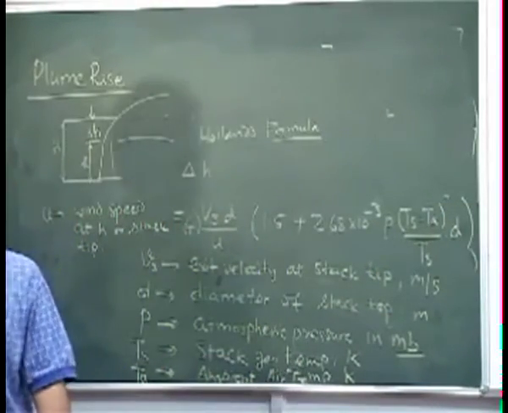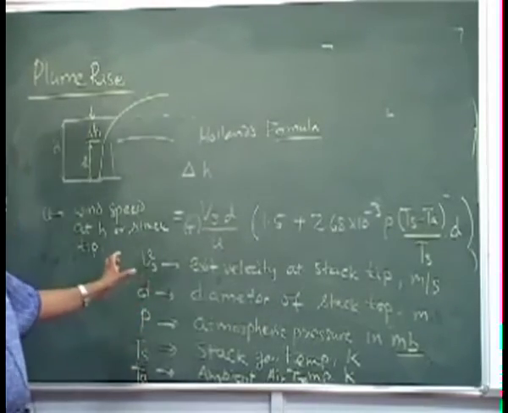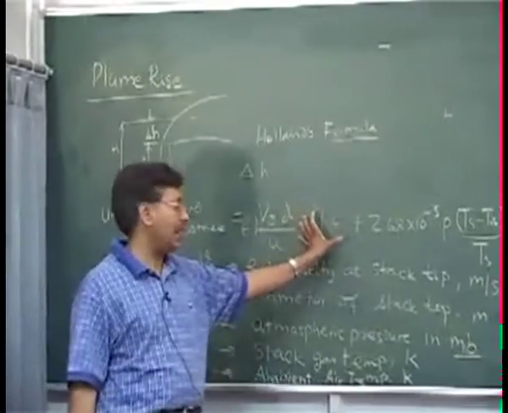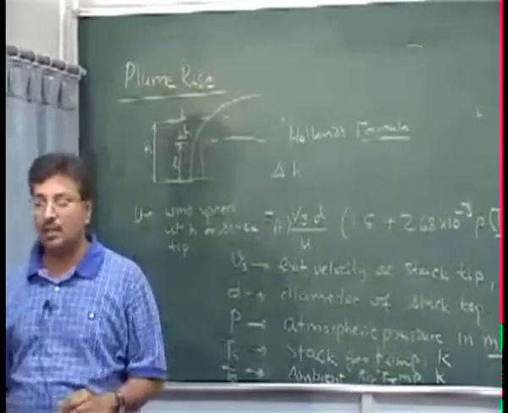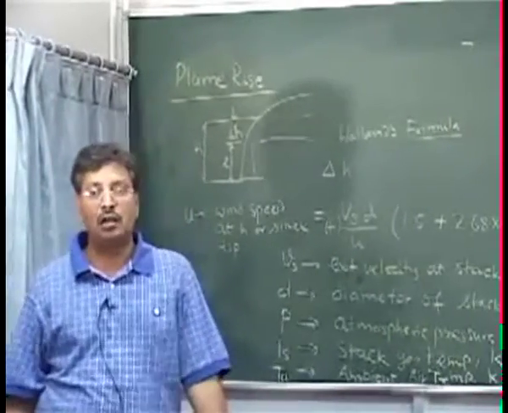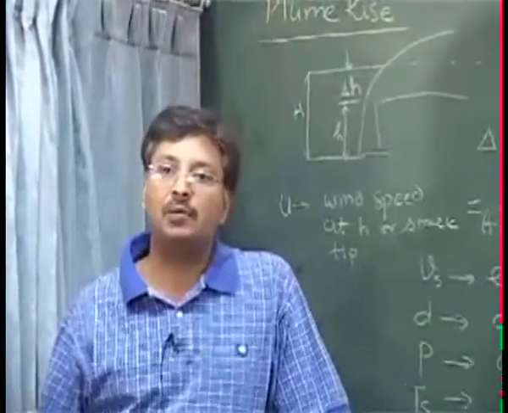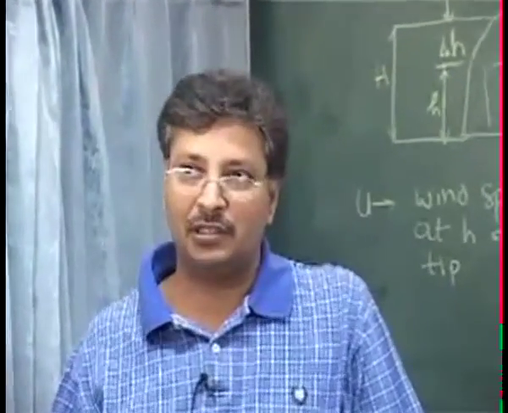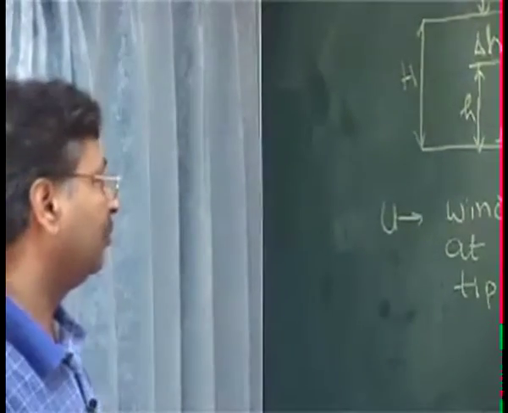Maybe I will write it in the next class. The two components of the plume rise, momentum rise and the thermal buoyancy. Okay. Some plumes are dominant in terms of the momentum rise, some plumes are dominant in terms of the thermal buoyancy. Okay. We will see what it comes out to be.